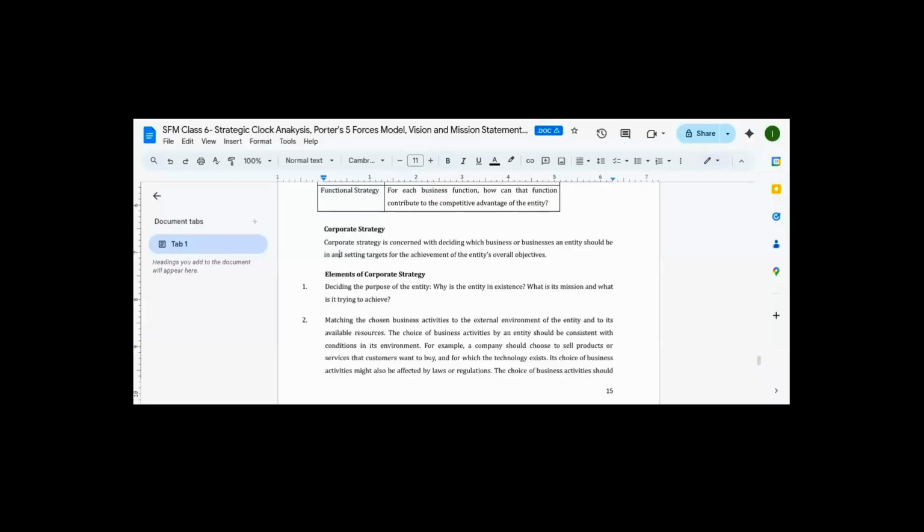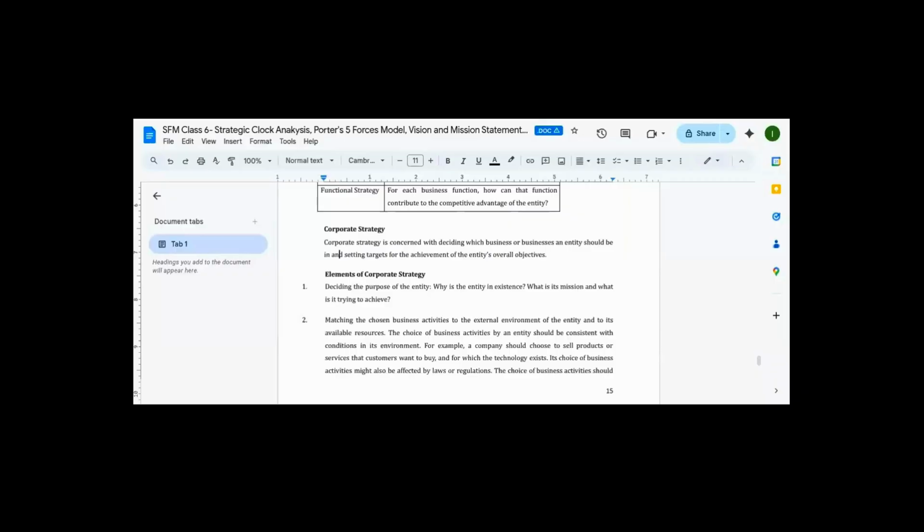So with this corporate strategy, the decision to decide which industry to participate in is made by the top management. It is the top management that has the decision on which industry to participate in.